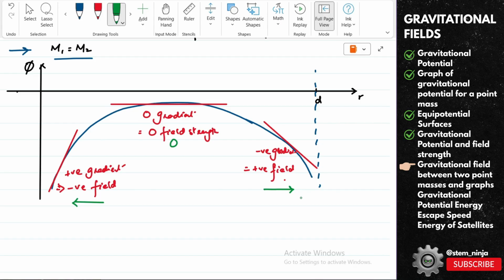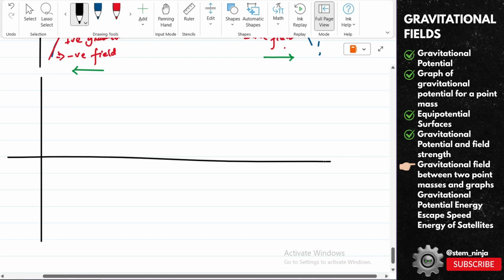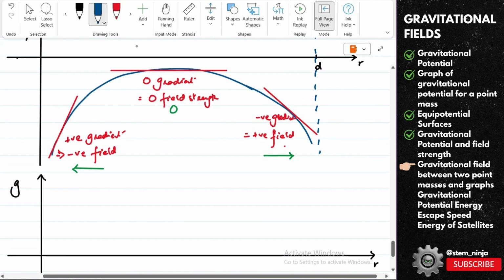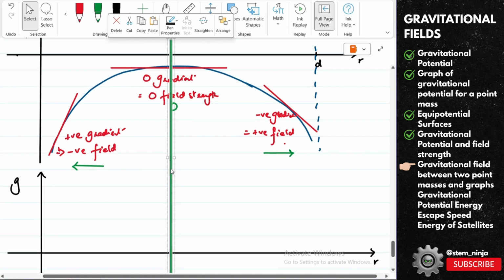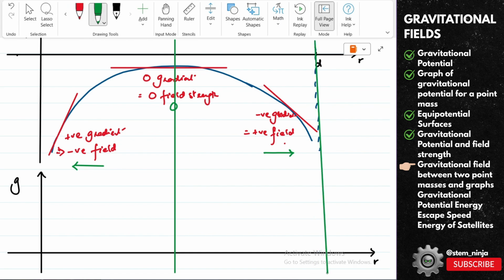So if you recall the gravitational field graph between 2 point masses, let me show you. We can make a graph over here quickly. This is your r, this is your g. So the field direction would be, let's say, D is right over here.